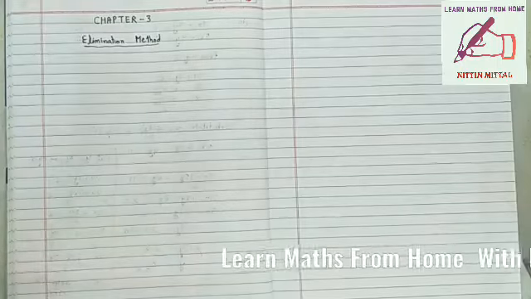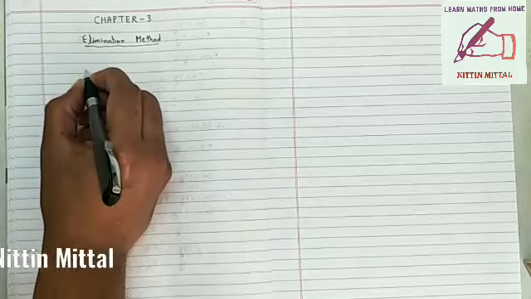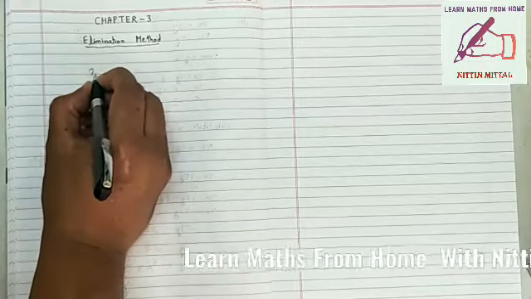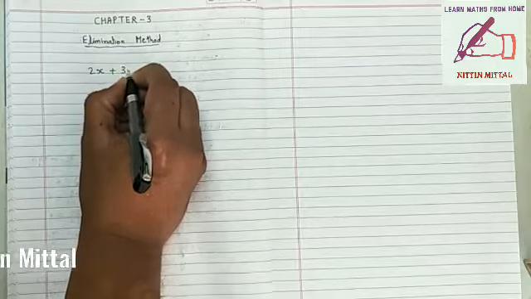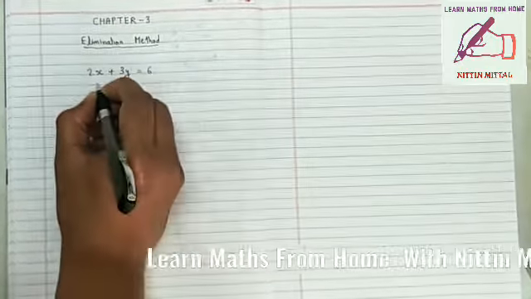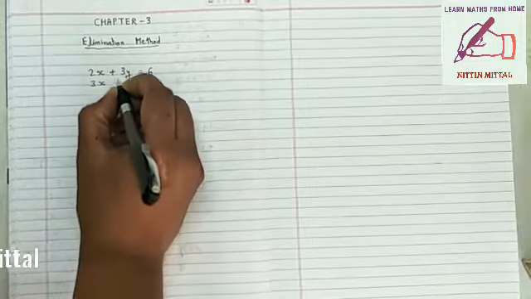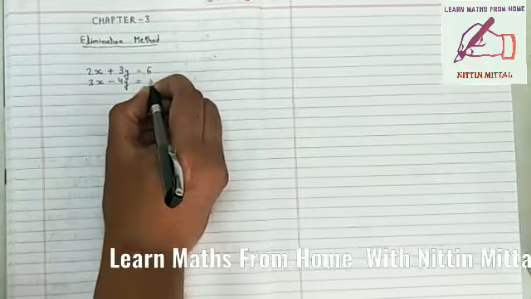Under this method, we will work with the help of one example. I am taking one example, 2x plus 3y equal to 6, and another, 3x minus 4y equal to 8.